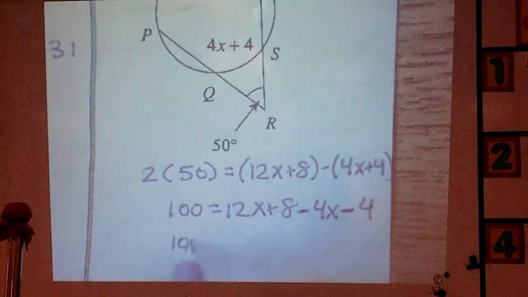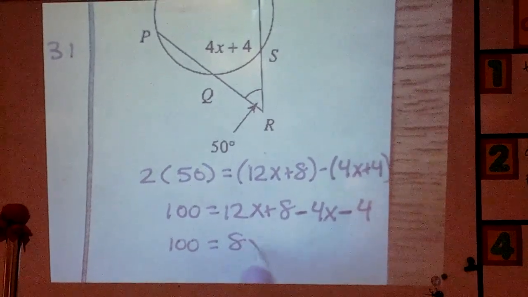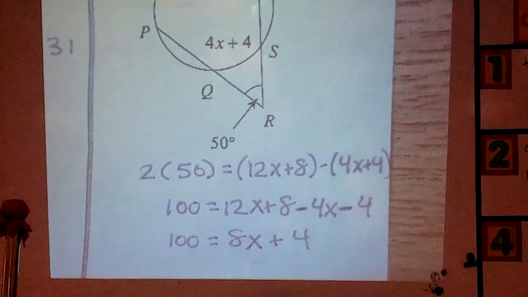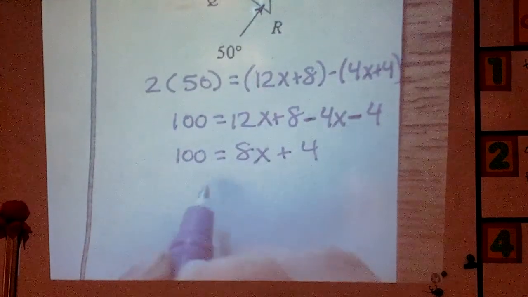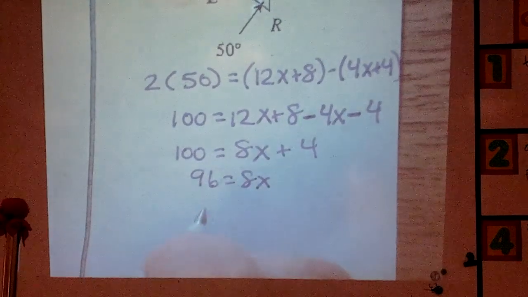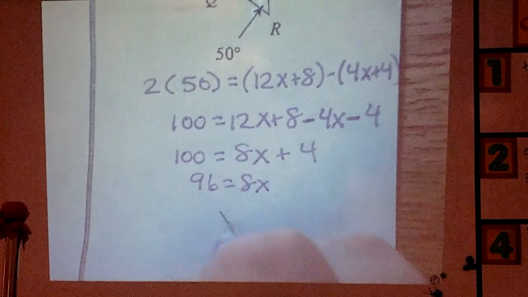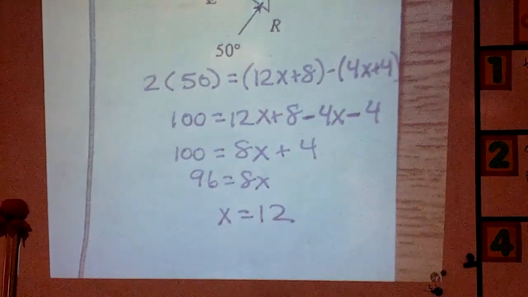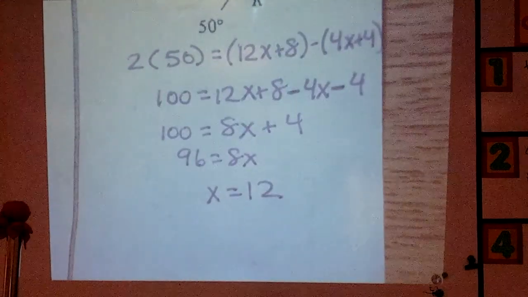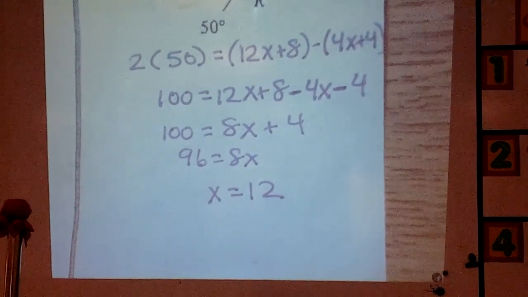Bring down your 100 and combine like terms on the right side. And then I have a two-step equation. Subtract 4 and divide by 8. And my question is, what is x? I have found x, so I am good to go.